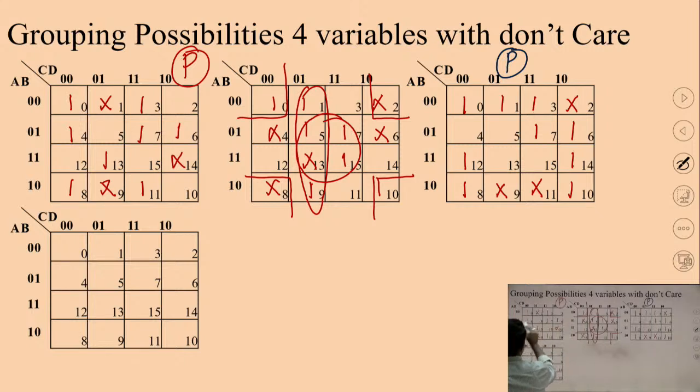So for this 4, there is no possibility of making a quad. So definitely it has to be made with a pair only. Okay, and the quad possibilities are only lying here.